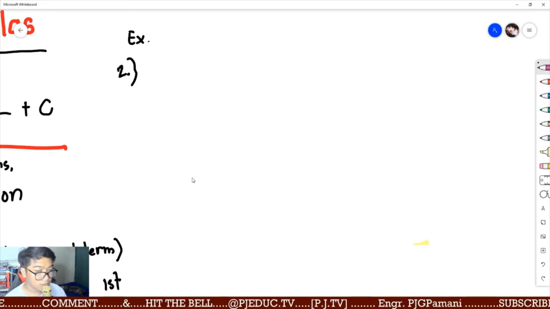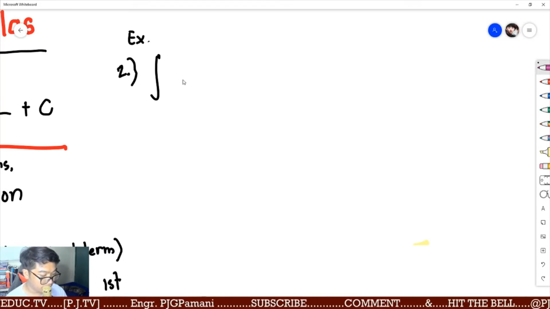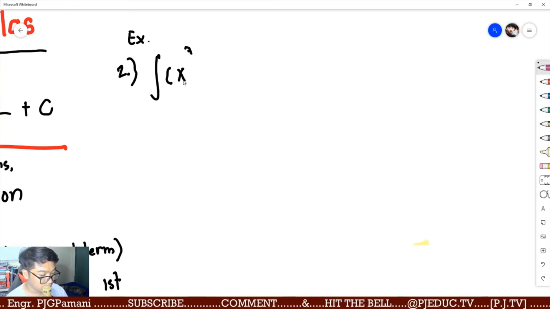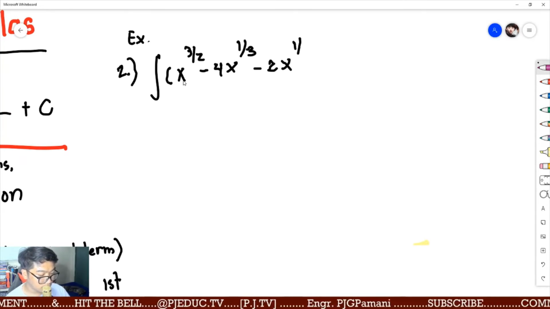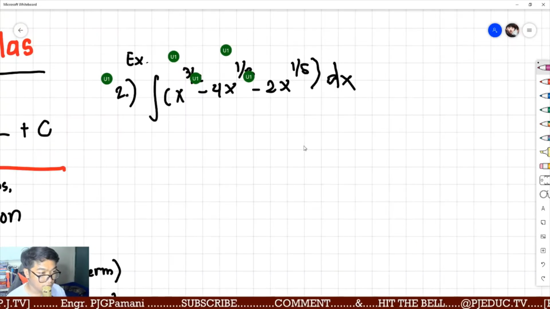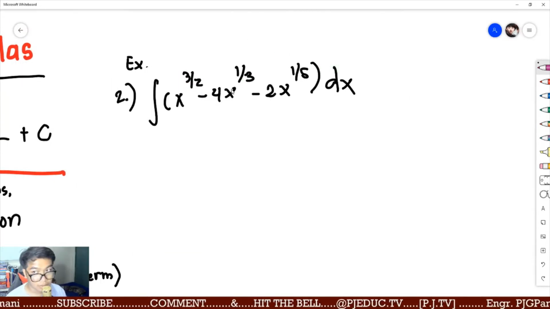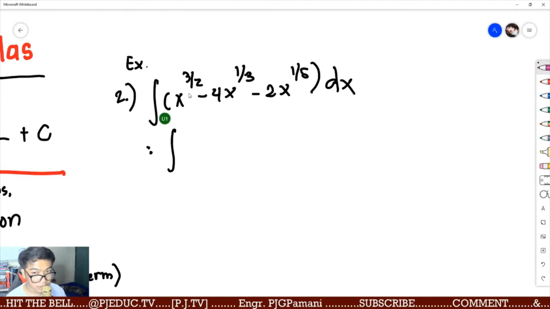Number 2, what if our functions carry exponents in fraction form? So if we have a function of x raised to 3 halves minus 4x raised to 1/3 minus 2x raised to 1/5. Again, this integrand no longer needs to be expanded. We have no exponent outside the parentheses. So basically, we introduce the integral sign to each function.